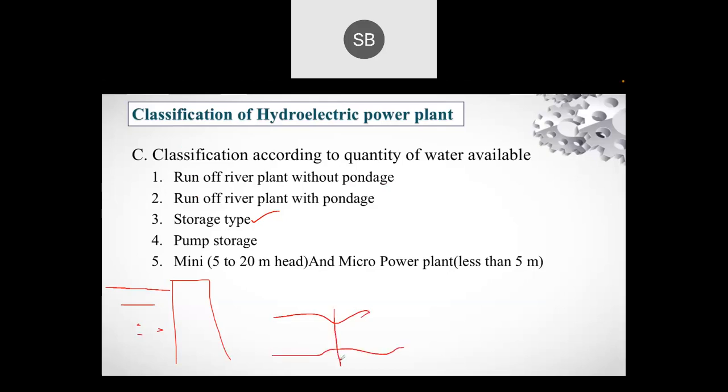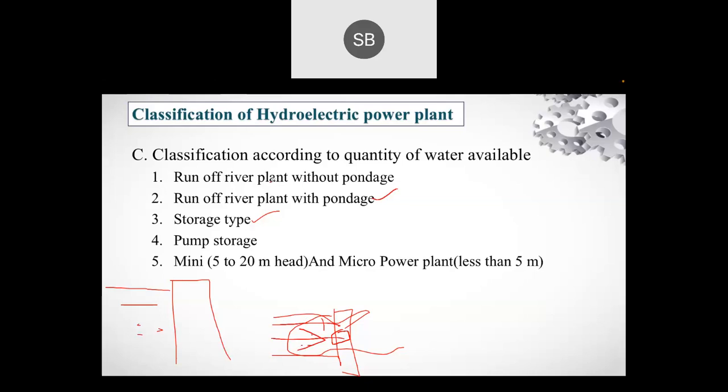Now, there are different types of hydroelectric power plants available when there is a low head. Like the run-of-river plant with pondage: if there is a river, we just construct a dam and store a very small amount of water there.